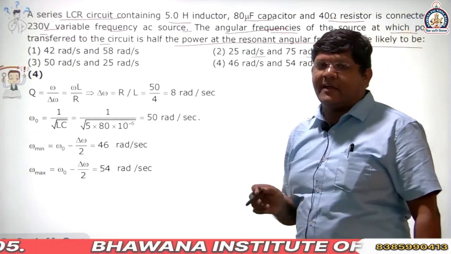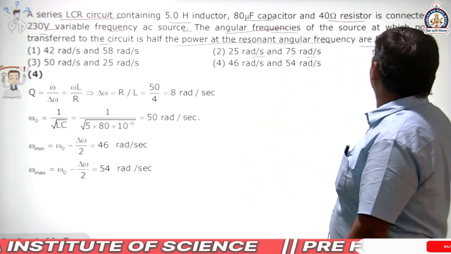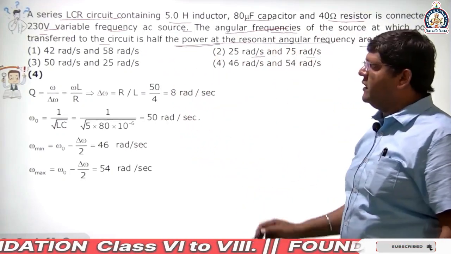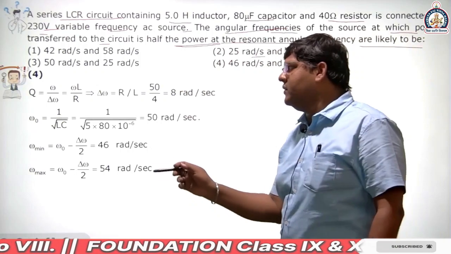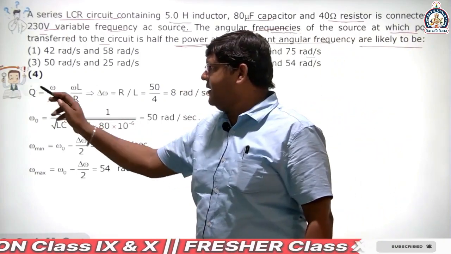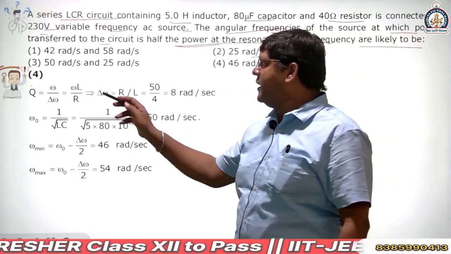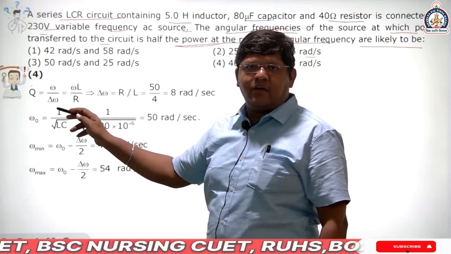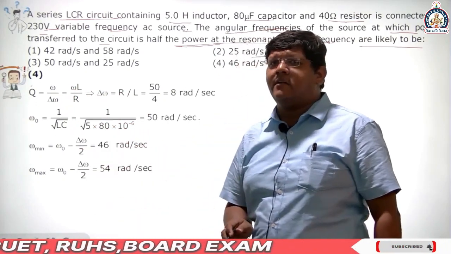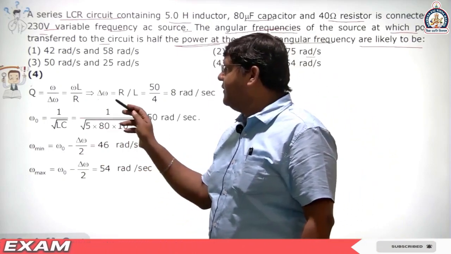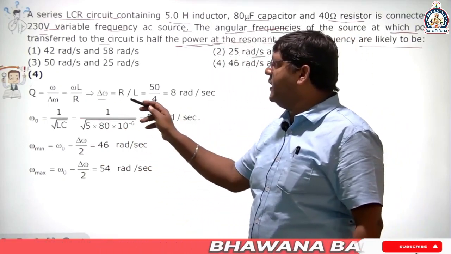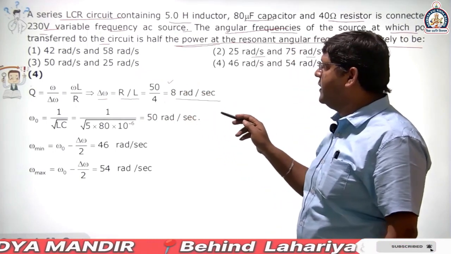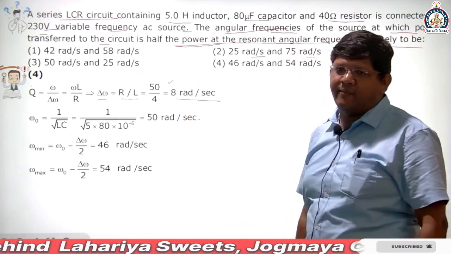We know the formula for quality factor: Q is equal to omega L upon R, and the other formula is omega upon delta omega, where delta omega is the change in frequency. Solving for delta omega, we get R upon L. The value of R is 40 and the value of L is 5. We get delta omega as 8 radian per second.